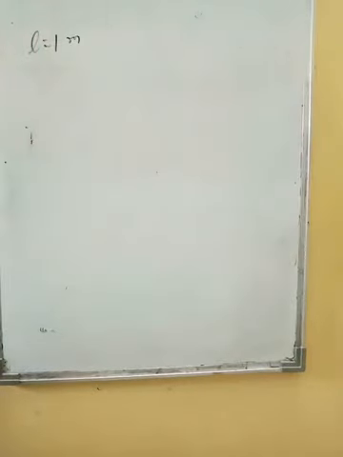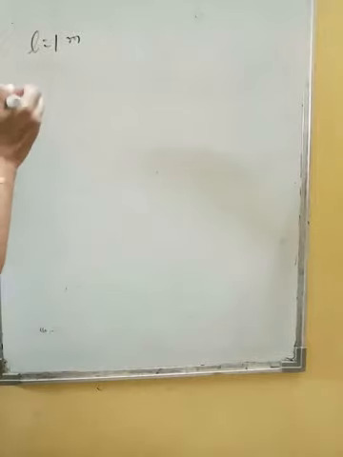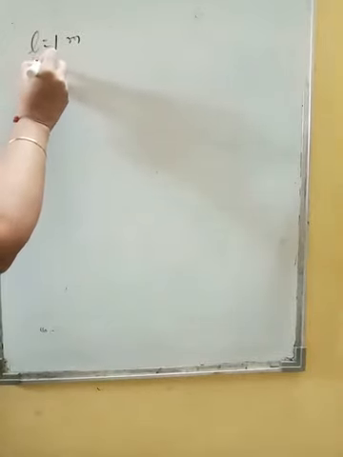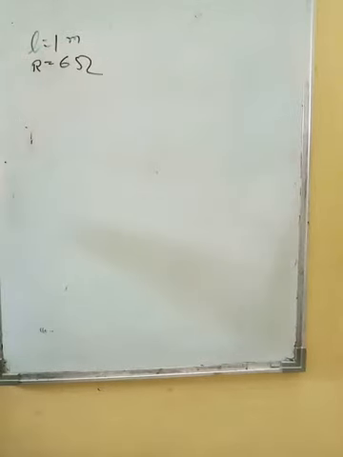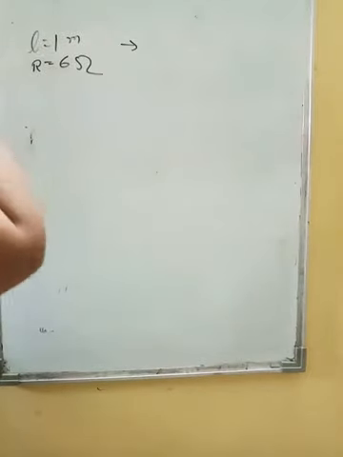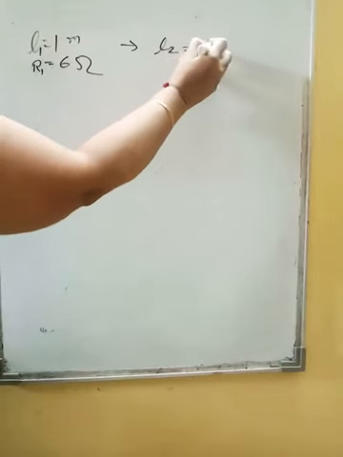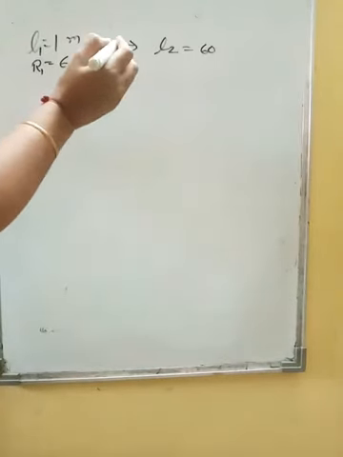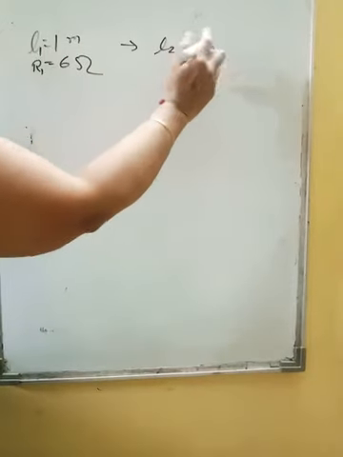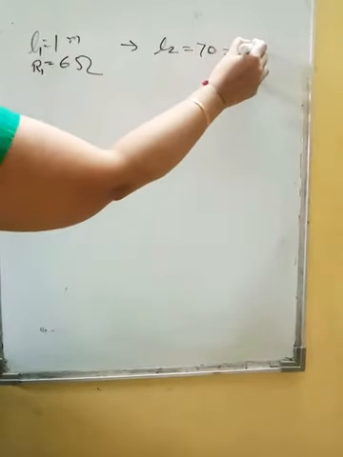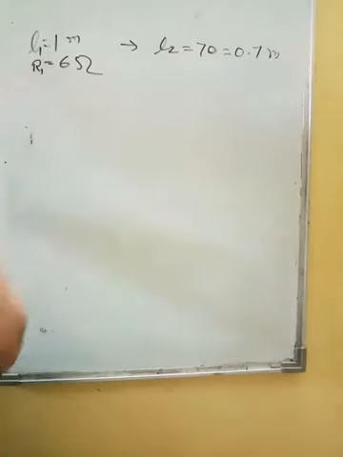So what is the length of the wire? 1 meter. Correct? And its resistance is 6 ohm. If we reduce the length of the wire to 70 centimeter, convert into meter, it will be 0.7 meter. Right? 70 upon 100 na?